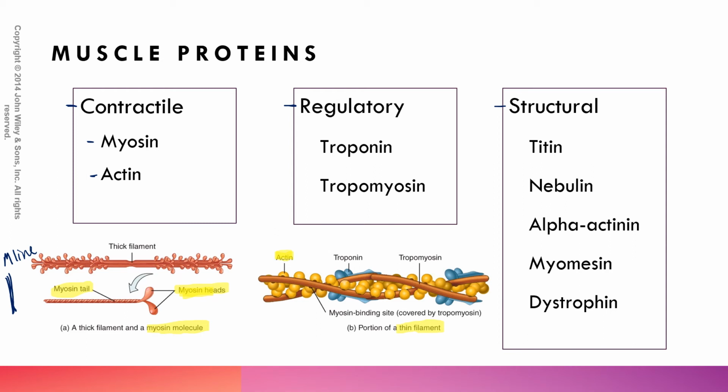Each individual actin molecule joins to form the actin filament, and this is twisted into a helix, as you can see in this picture. On each actin molecule, you have a myosin binding site. And this is where the myosin head can attach. It's these darker portions that you can see on the actin.